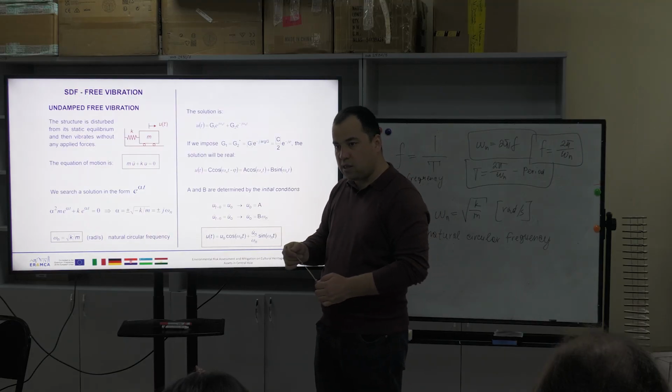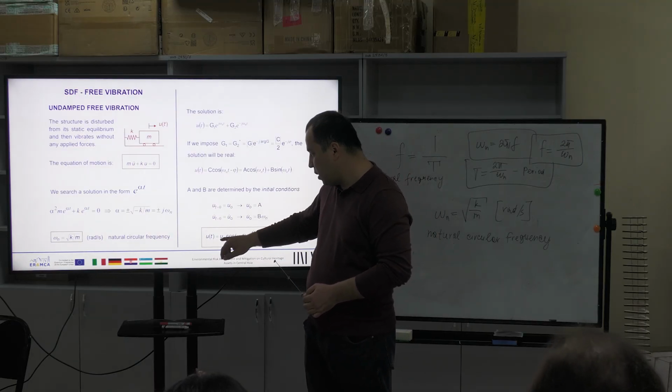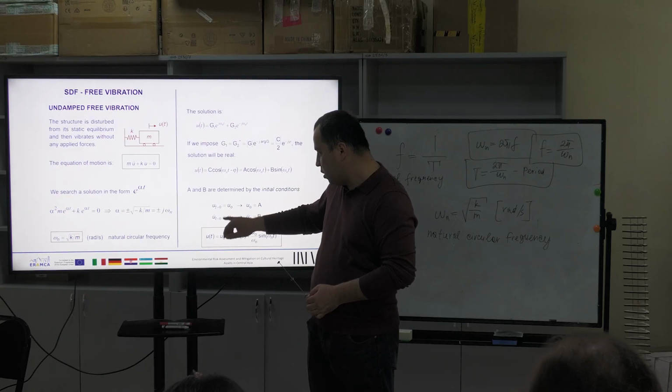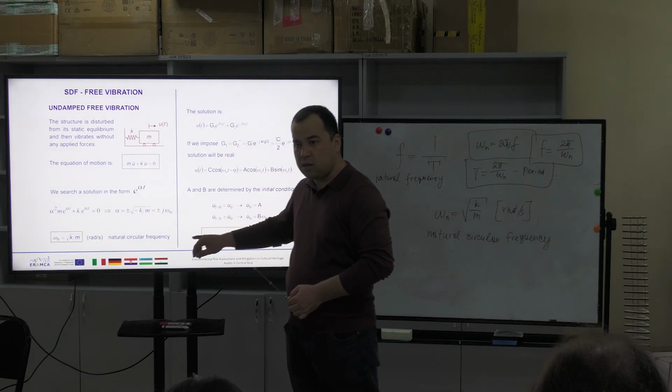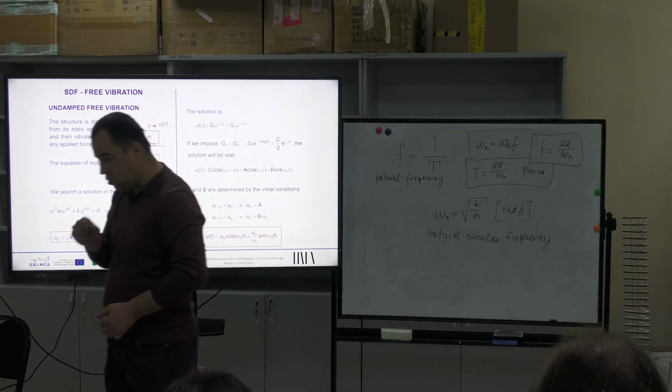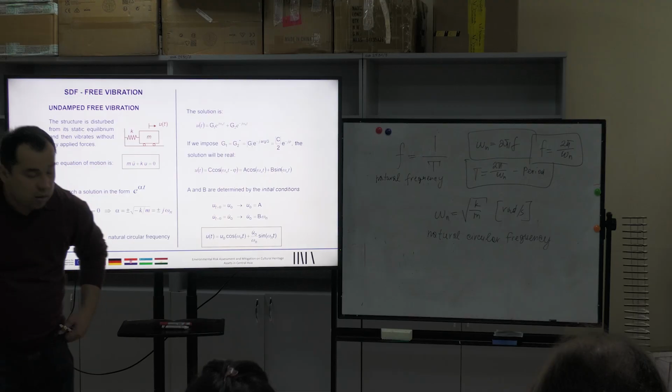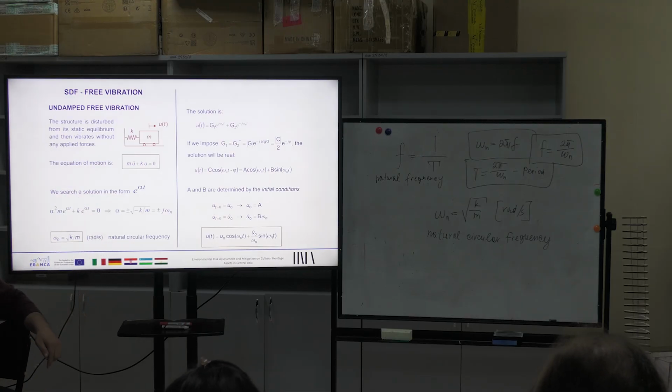The total response of our system in this case depends on the initial conditions, U0 dot and U0 itself. Now it's a little bit clear. All this formulation is about displacement. Yes, u(t) is a displacement.